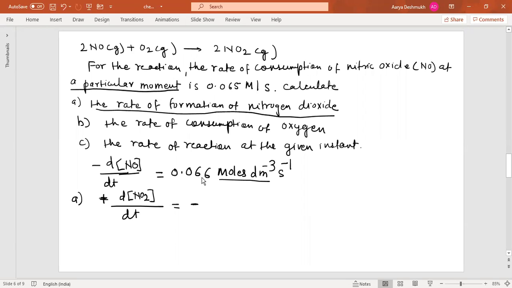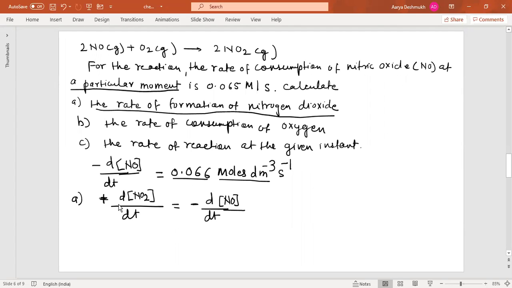This is given. Okay. So you can compare this with this thing. So this will be equal to minus d/dt of the concentration of NO. We are not aware of the rate of consumption of oxygen. So we need to compare this formation of nitrogen dioxide with this quantity only, which is given to you.